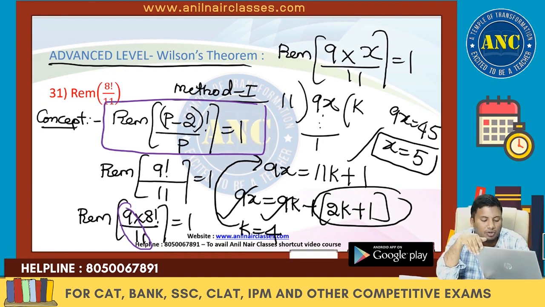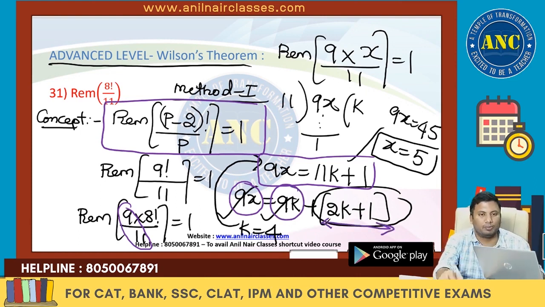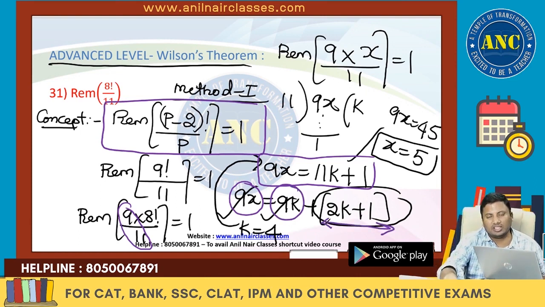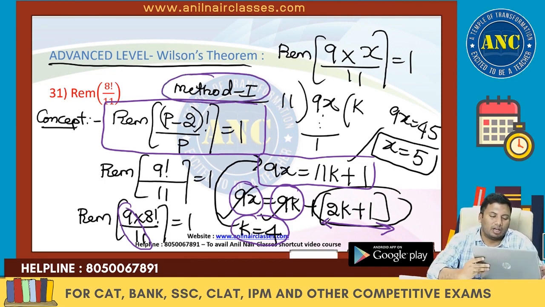Dividend equals divisor into quotient plus remainder. 9x is 11k plus 1, so 9x equals 9k plus 2k plus 1. This should be divisible by 9, so 2k plus 1 is divisible by 9. K value is 4. 9x equals 44 plus 1, 45, x is 5. This is method 1.